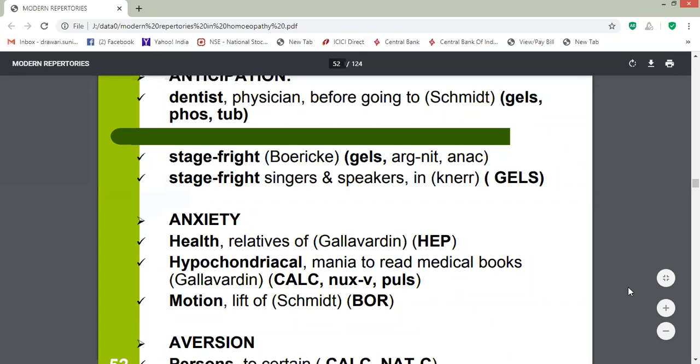Anxiety, health of relatives, taken from Gallaverdin's work, and Hepar was the indicated medicine. Then hypochondriacal anxiety with hypochondriacal mania to read medical books was taken from Gallaverdin's work, and Calcarea, Nux vomica, pulsatilla were indicated. Then anxiety, motion, lift, taken from Smith's work, and borax was indicated.